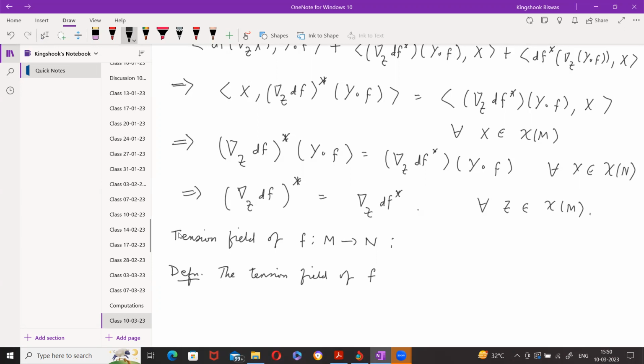In the bundle f star TN. So when I take the trace, it's going to also be an element of f star TN.